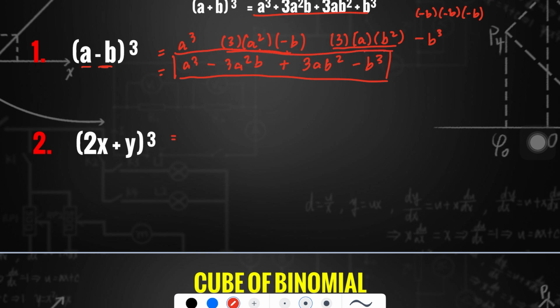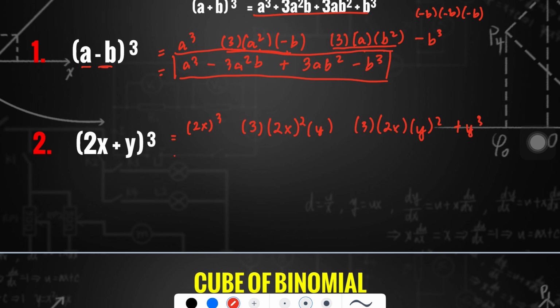Let's do it again. So we have 2x cubed, and then 3 times the quantity 2x squared times y, and then we have 3 times 2x times y squared, and then cube the last term, so that's positive y cubed.